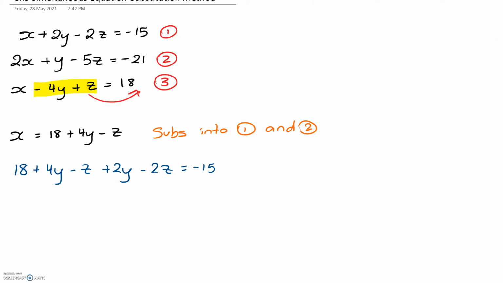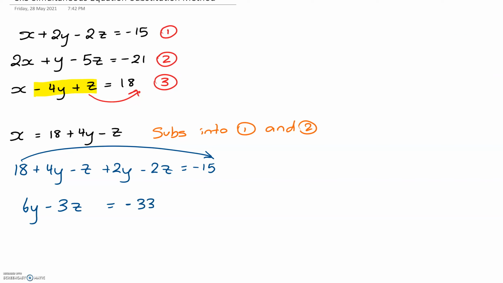And I'll rearrange to make it y plus z equals a number. So we've got 4y plus 2y, which is equal to 6y. Negative z minus 2z is equal to negative 3z. And we've got negative 15 minus 18, so just taking this across to the other side, that becomes minus 33.